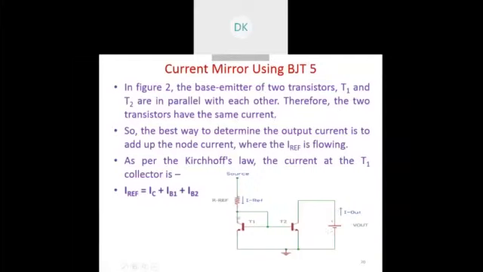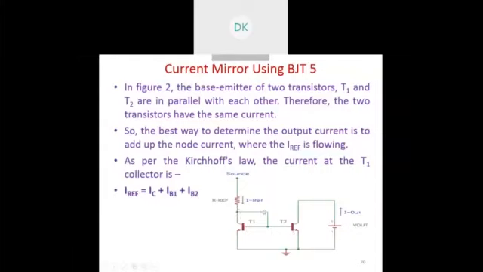Now I apply Kirchhoff's current law at this node, the collector terminal of T1, to calculate the value of I reference. I reference equals IC plus IB1 plus IB2. This is IB1, this is IB2, and this one is IC.